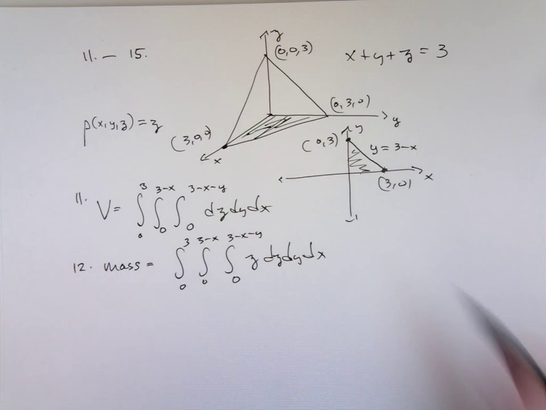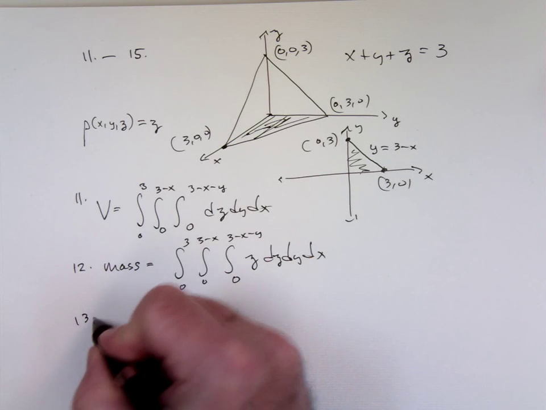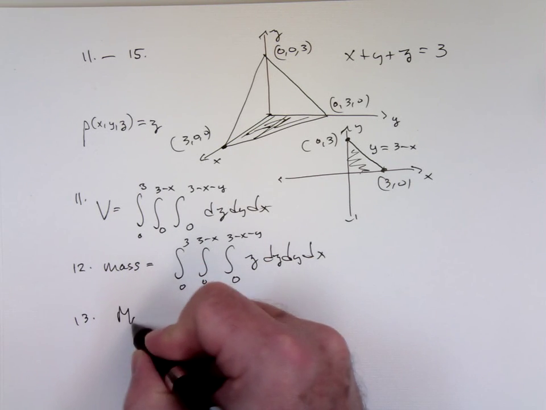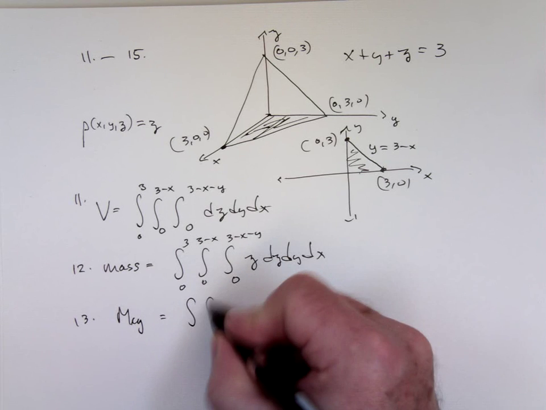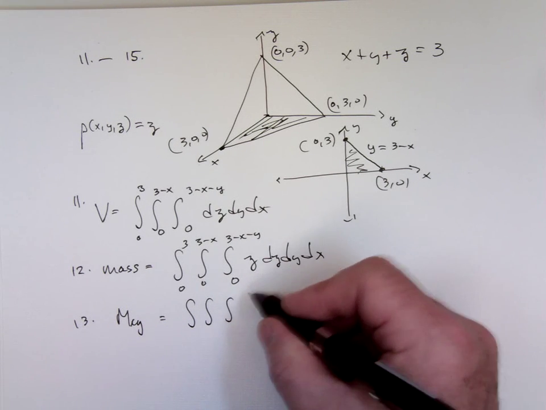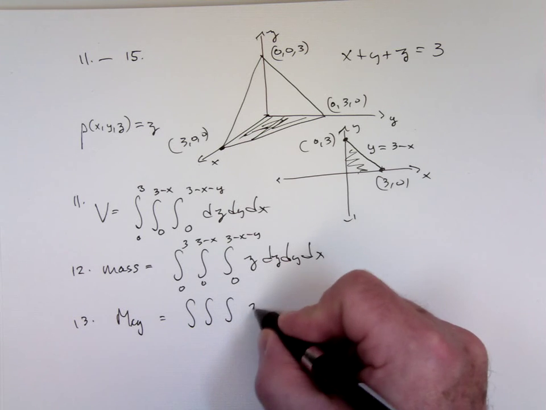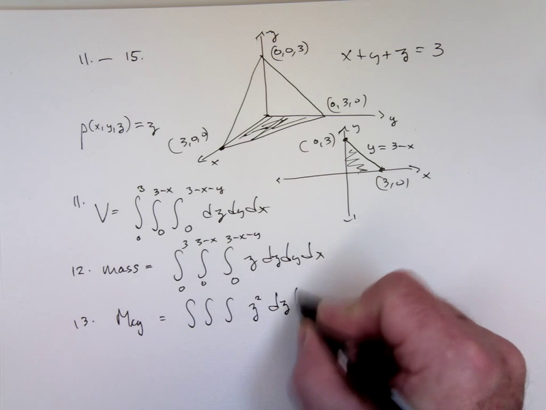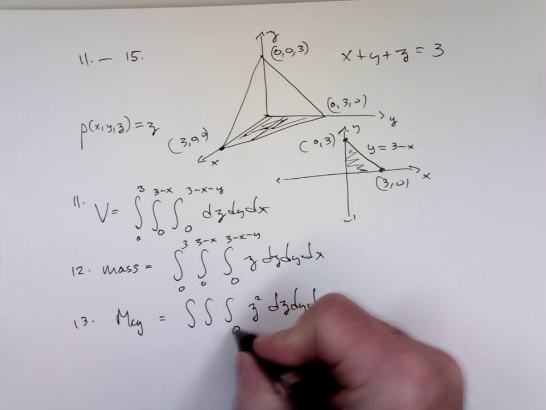Okay. And 13 is the moment from the xy plane. And that distance is z. We already have z as the density function, and we have another z, which is a z squared, therefore. And the limits of integration are again the same.